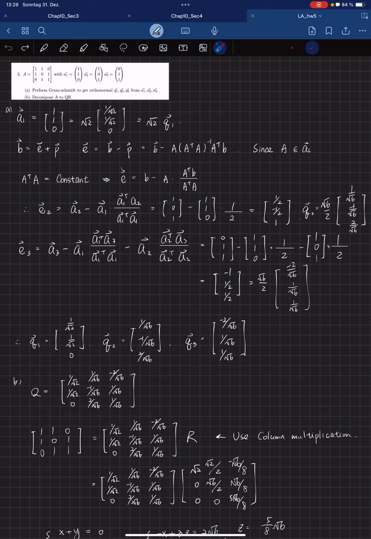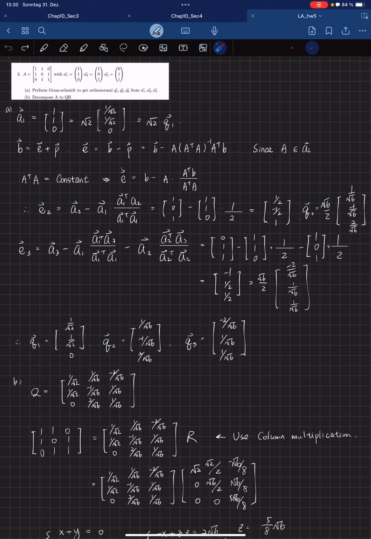We don't want the parallel component P, but instead we want to retain our error vector E. So what we're doing now is kind of the reverse of what we've done before.